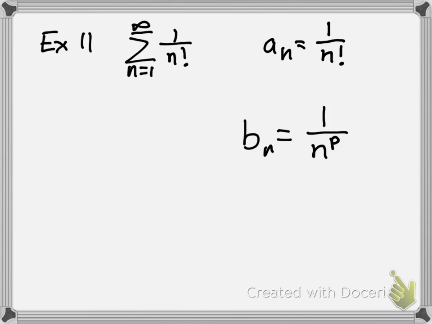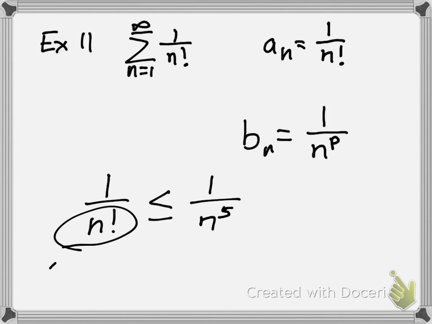But this doesn't seem to be diverging, because this thing here gets smaller than any power of n. Even n to the 5 eventually becomes bigger, because n factorial gets very, very big very fast. Being in a denominator, the reciprocal will be small very fast, right?